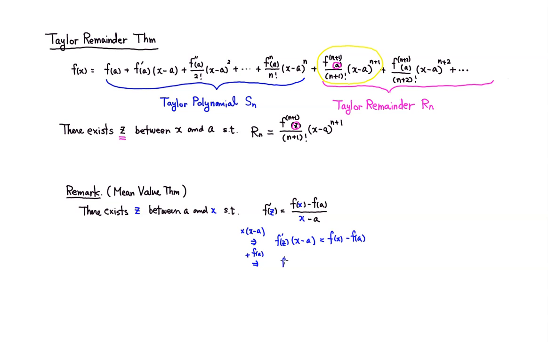So you get f of a plus f prime of z times x minus a is equal to f of x. It's a little backward if you put f of x on the left, so we have this.